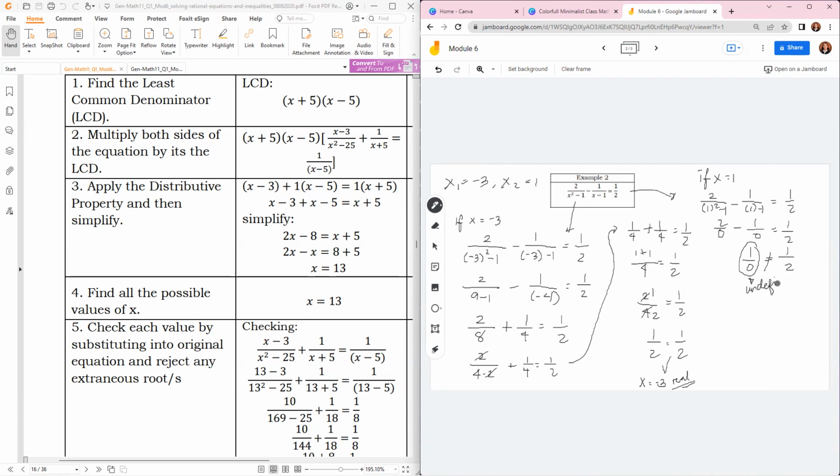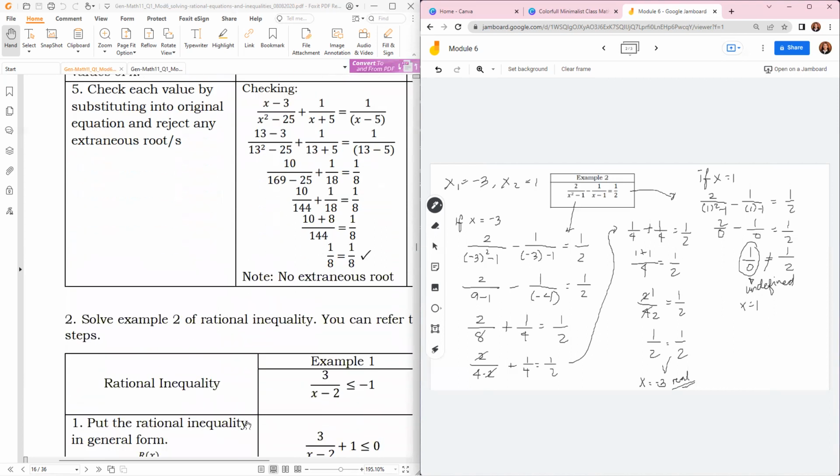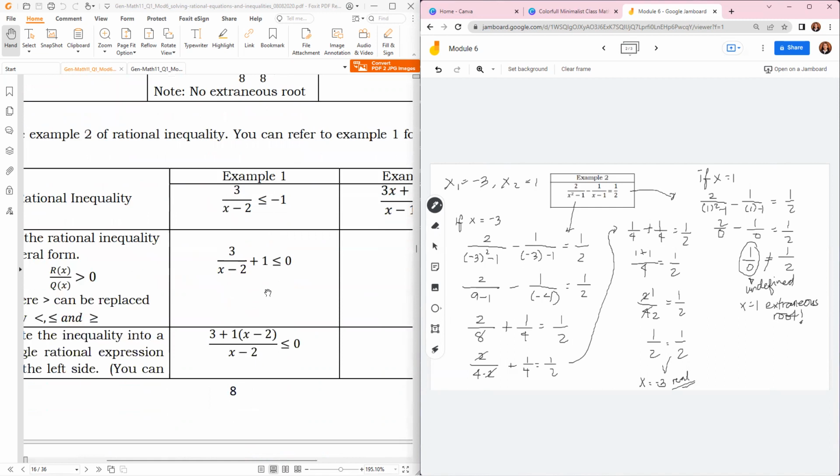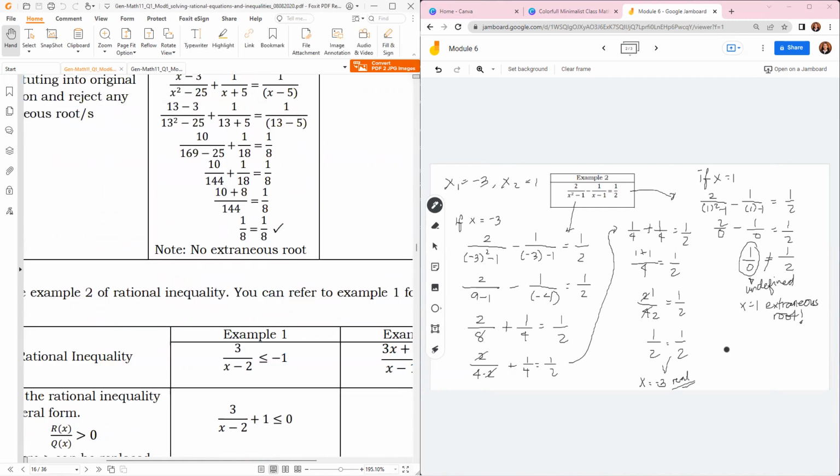So it means that x is equal to 1 is an extraneous root. Meaning, siya mo return siya og undefined na number. So it's not part of the solution. Extraneous root. So what does that mean exactly? Umingon kag kanang naay extraneous nga root.